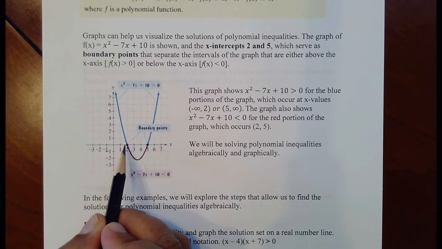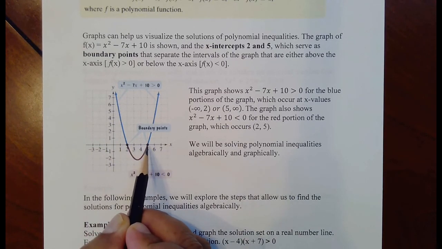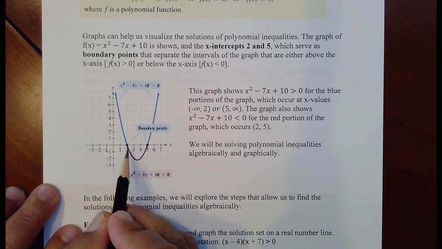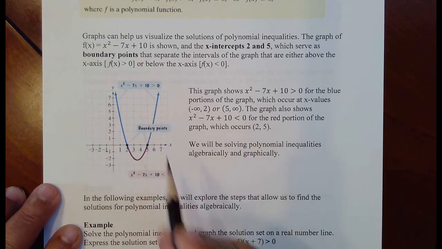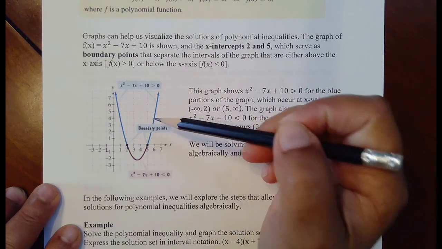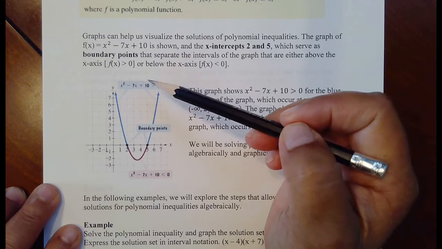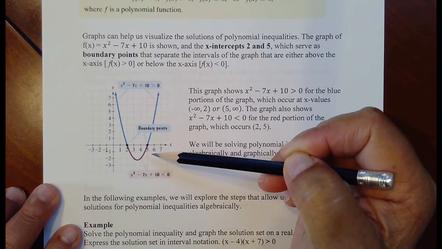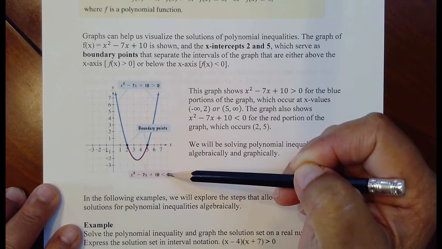You can see that the x-intercepts are 2 and 5, which serve as what's referred to as the boundary points when you're using the graph for purposes of solving the inequality. For instance, you could address what portions of this graph represent the solutions for the greater than case, and you can also look at what portions of this graph represent the less than case.